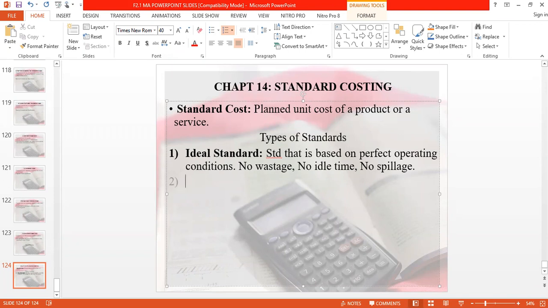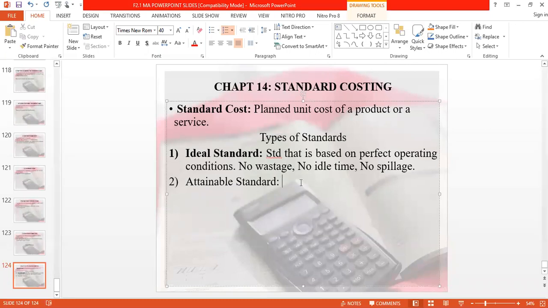The opposite of ideal is called attainable standard. So ideal is a standard that is based on perfect operating conditions. So what is an attainable standard?